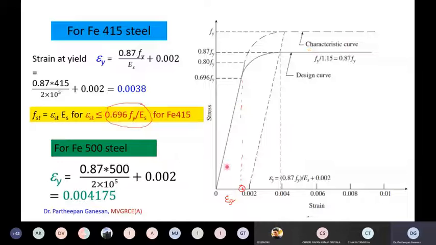So if you are up to here, you can easily find out the stress value from this equation. If you are from here to this value, you can find out from this table or from the graph which I showed. After this, for any value of strain, your stress will always be equal to 0.87 Fy.